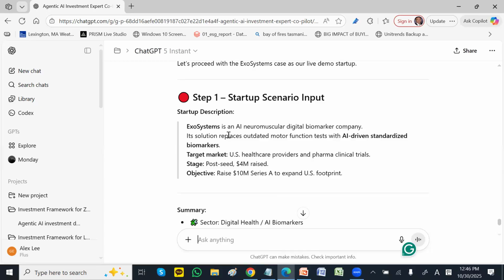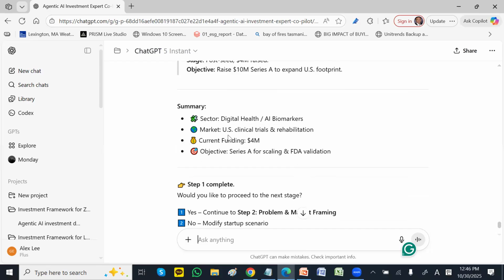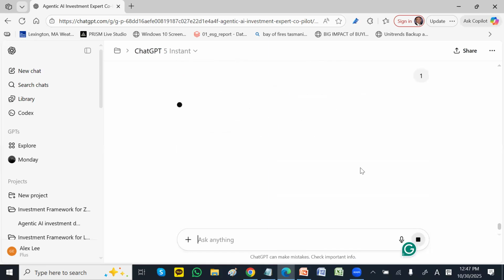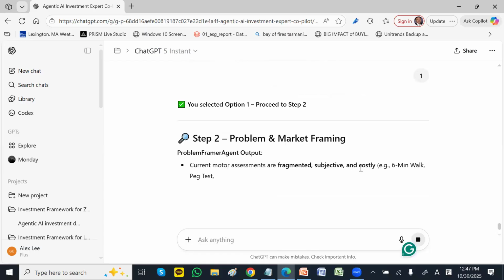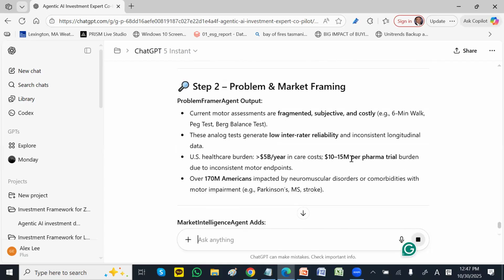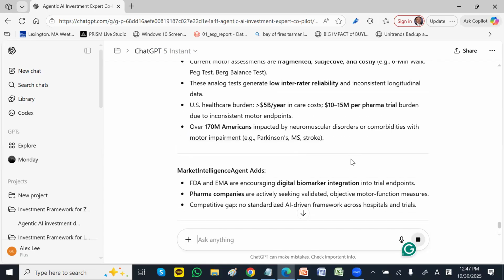So the system briefly talks about everything about it. And then the problem making, and it looks at the profile of the startup company to decide whether to invest or not, and it looks at the market, exactly the same thing that you pitched, right?